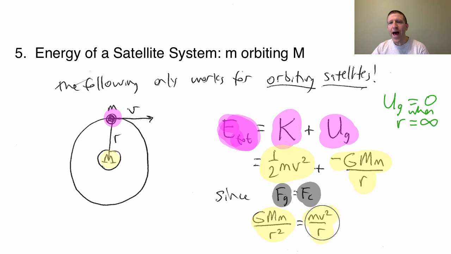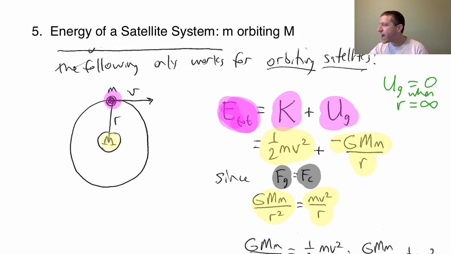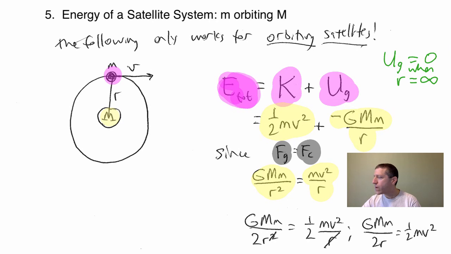Well, check out that. It looks a lot like this, except I've got to do a little bit of work to it to make it look exactly like that. So what I'm going to do to both sides, if I want to make the centripetal net force look exactly like the kinetic energy, all I've got to do is multiply both sides. Let's do that right now. What do I have to multiply this by?